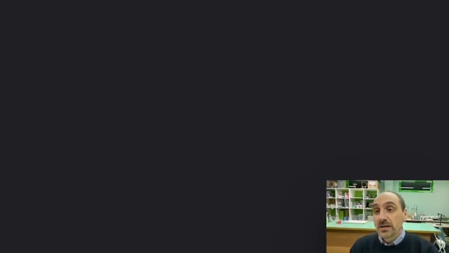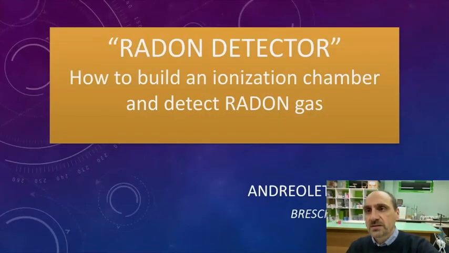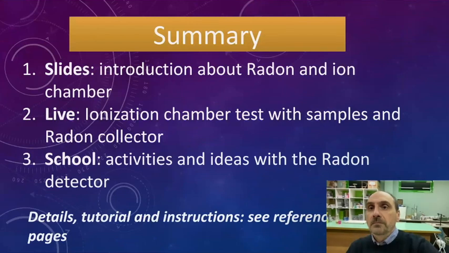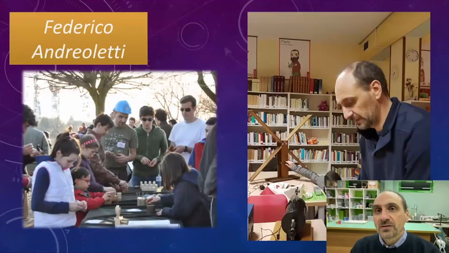And first of all, yes, I'm a physics teacher in the secondary school, and I teach physics with teenagers from 14 years of age to 18. Just a few pictures about my activity as a science communicator. I developed STEM projects within the primary school and also in the secondary school.